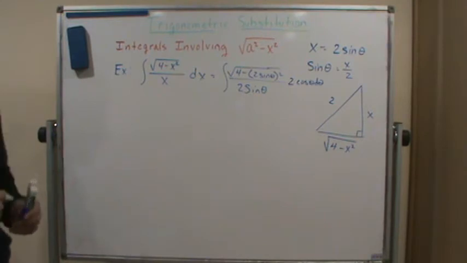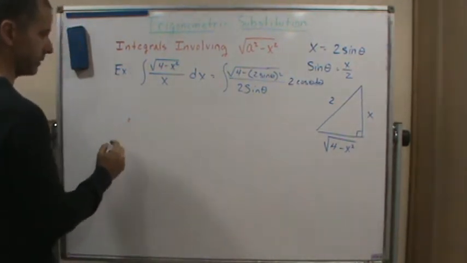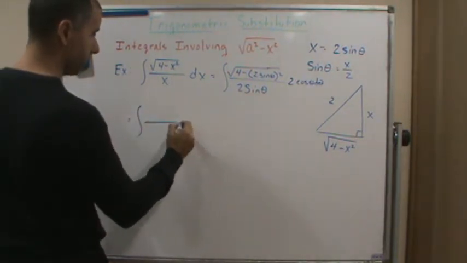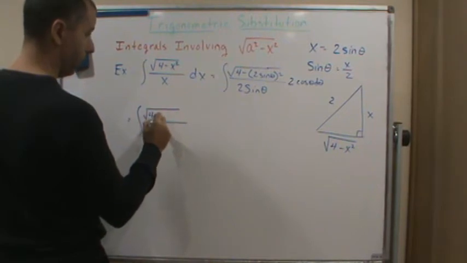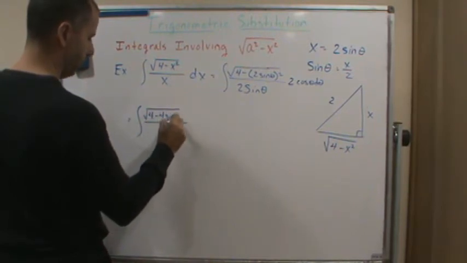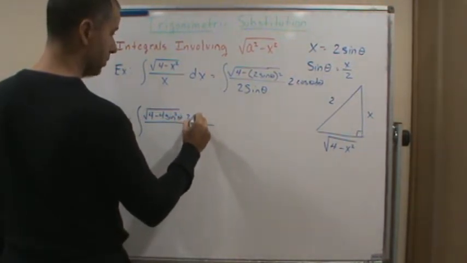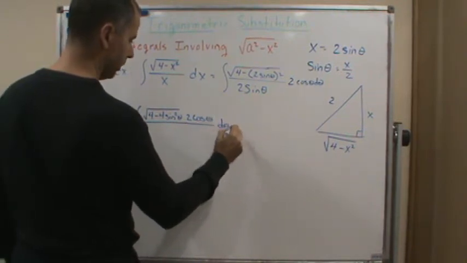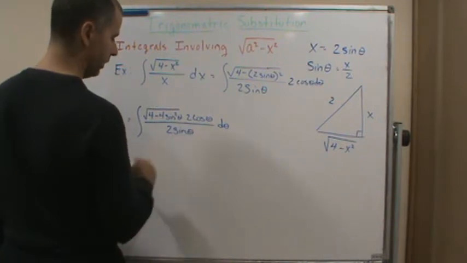Okay, so now it looks like a lot going on. So let's simplify this. Okay, so we get the integral, and we get the square root of 4 minus 4 sine squared theta, and we get 2 cosine theta d theta over 2 sine theta.